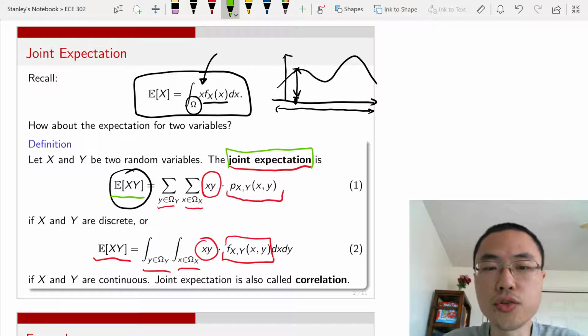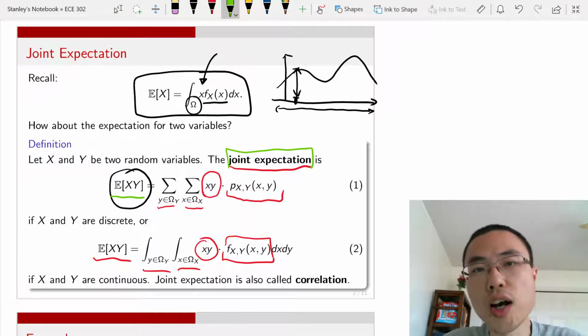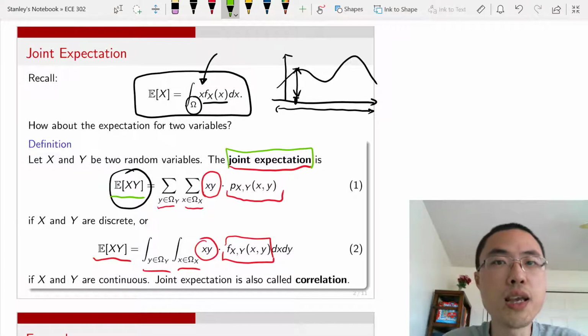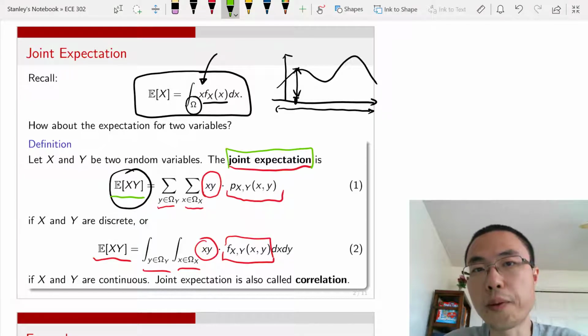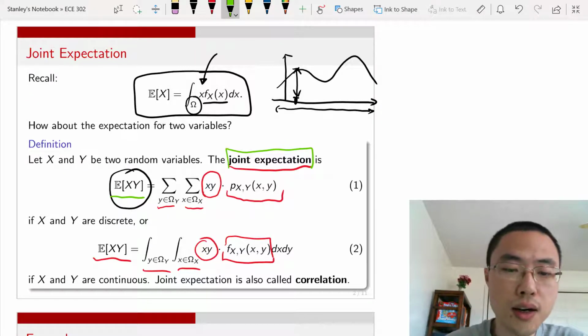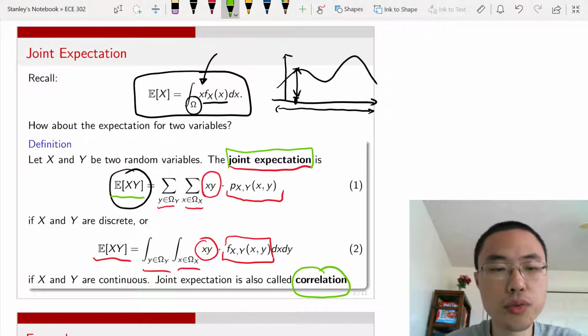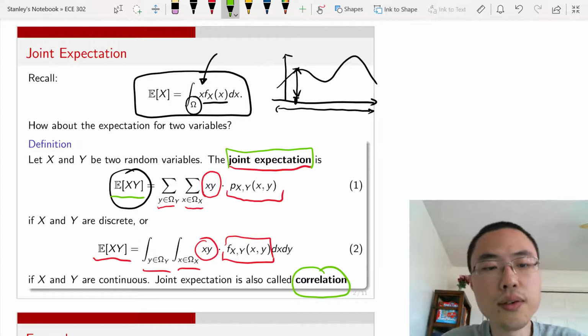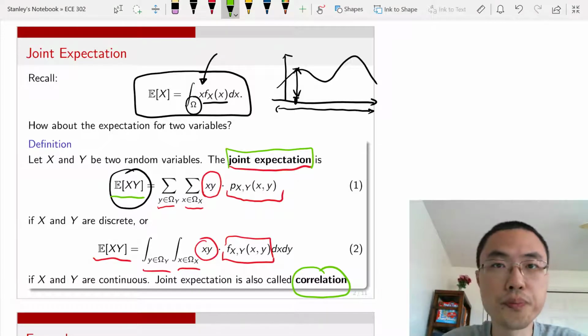Is there any meaning associated with this expectation of X times Y? Some people call this the correlation between X and Y. How can it ever tell us the correlation between two variables?